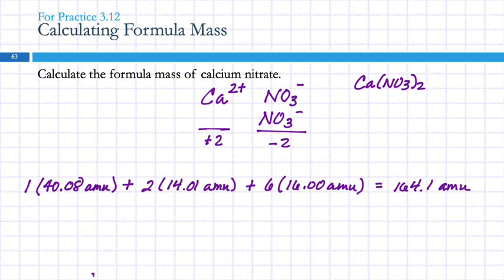Is that the correct number of sig figs? Yeah, it's 4. It kind of depends on how you look at it. If someone had 4 there because these were all 4, I'd say good enough.